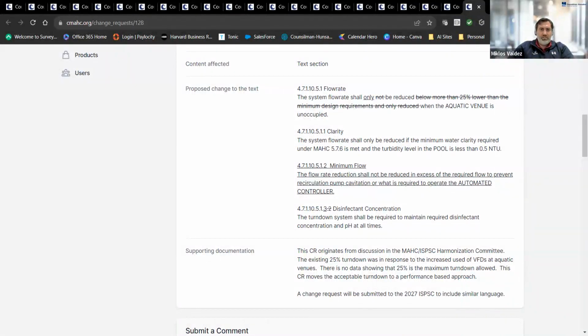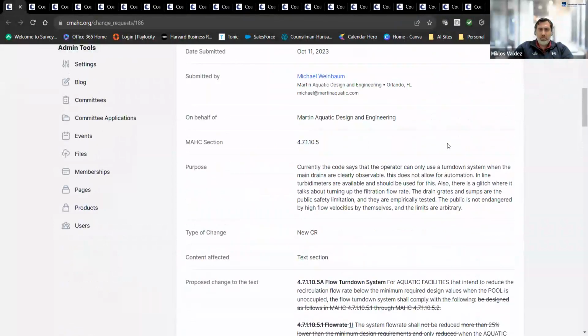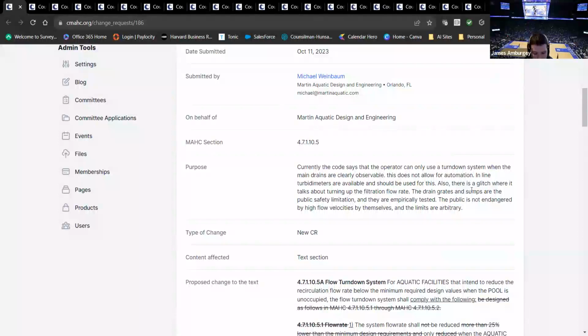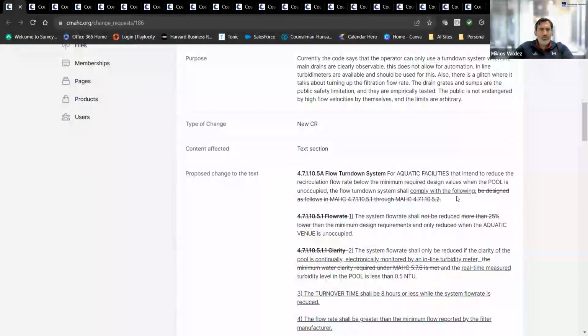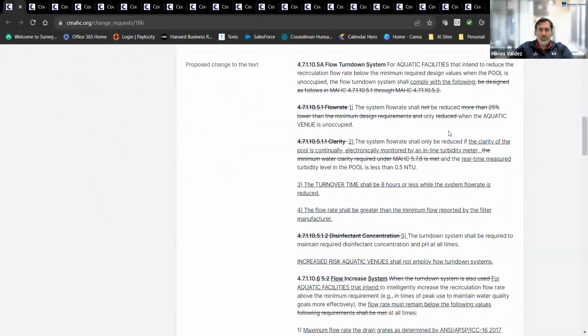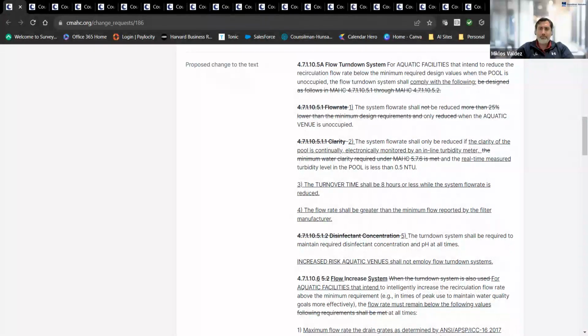Now for the second one, which is a lot of the same language, but was submitted by Michael Weinbaum. We'll go ahead and again go one by one. James? I don't support. I would recommend sending it back for the 33% or some kind of revision if you all want to do that. Okay. I am going to vote in support.